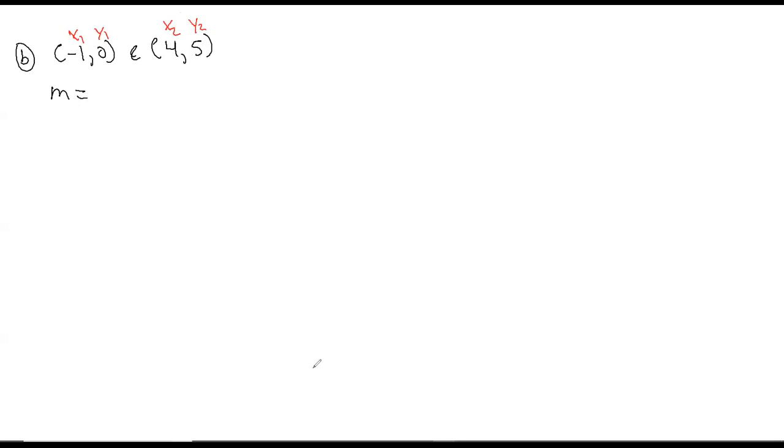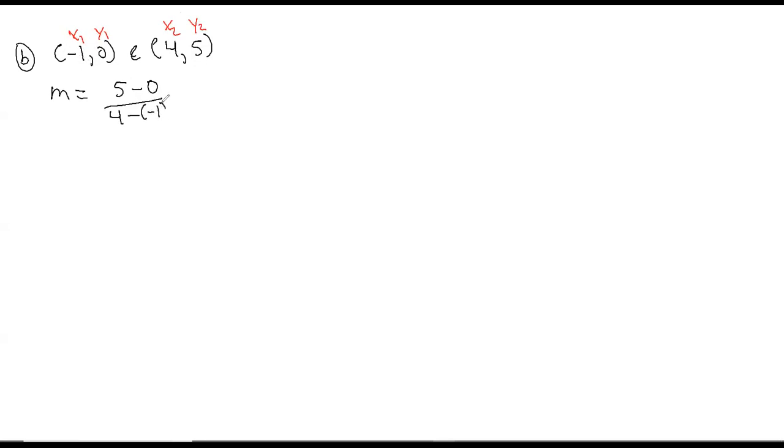So therefore our slope is going to be y2 minus y1, that's 5 minus 0, over x2 minus x1, which is 4 minus -1.